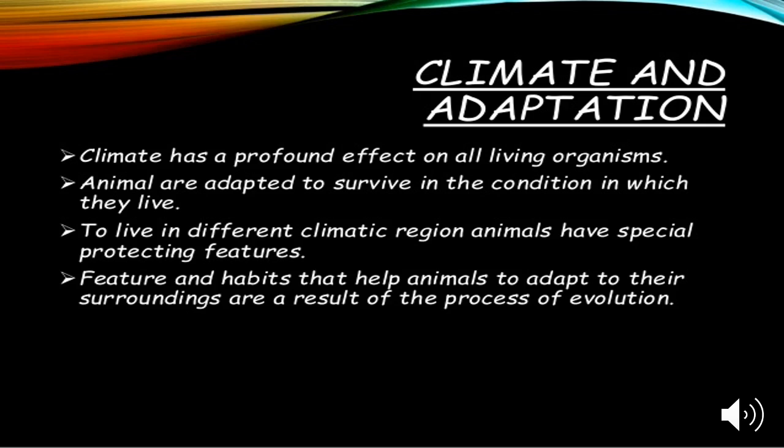And the features and habits that help animals to adapt to their surroundings are a result of the process of evolution. Now students, we will learn about the adaptation of the different animals found in polar region and tropical region one by one.